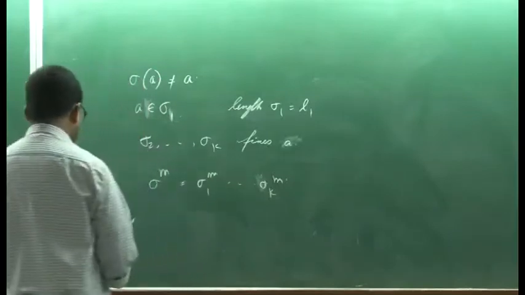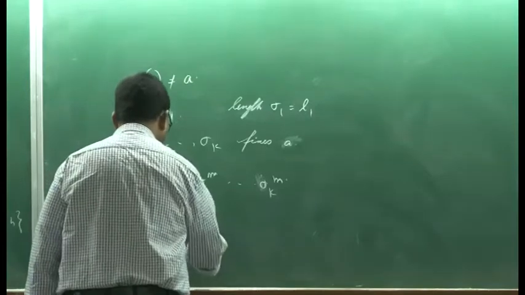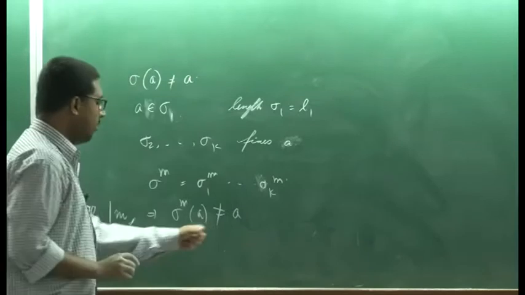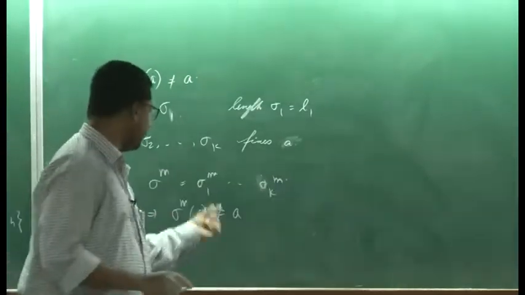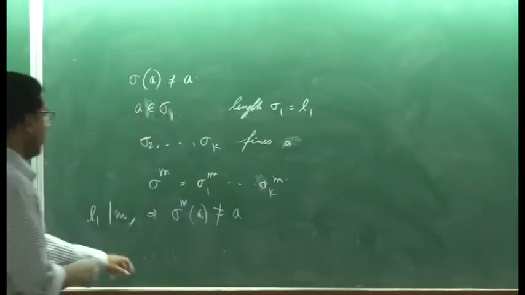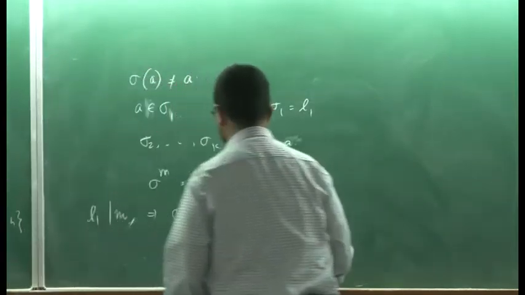So, if m is not divisible by L1, then certainly sigma^m(a) will not equal a, because other factors are not creating any disturbance, but this one is indeed moving a. Therefore, yeah, sorry, I was wrong, that is fine, now it will be fine.